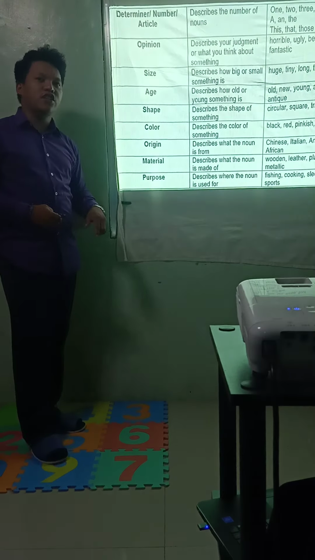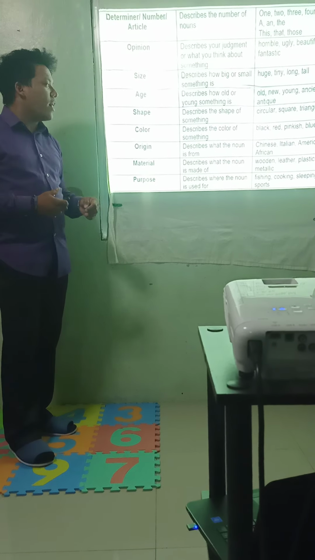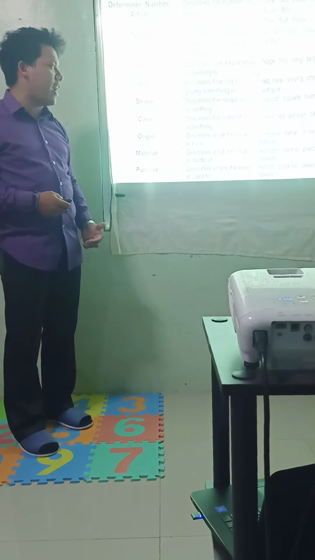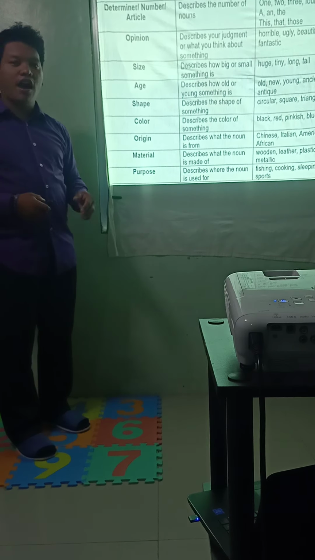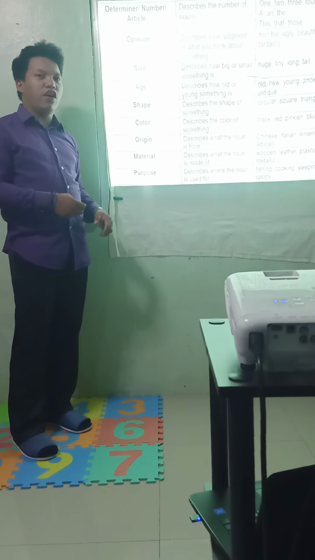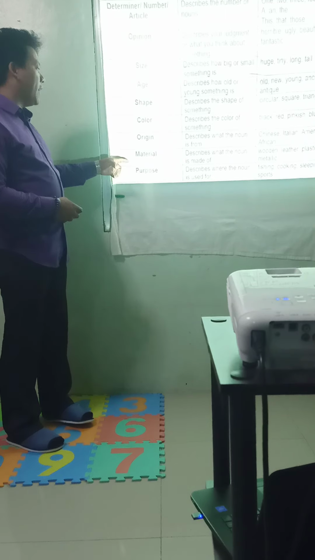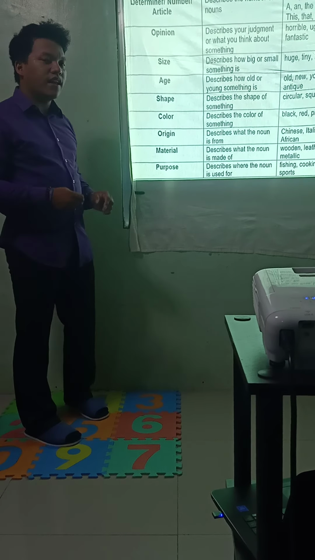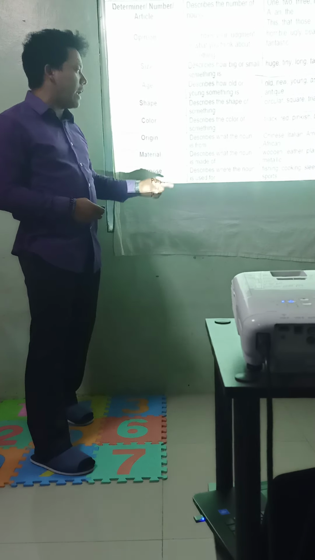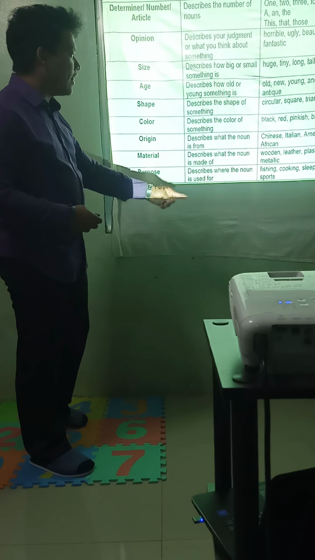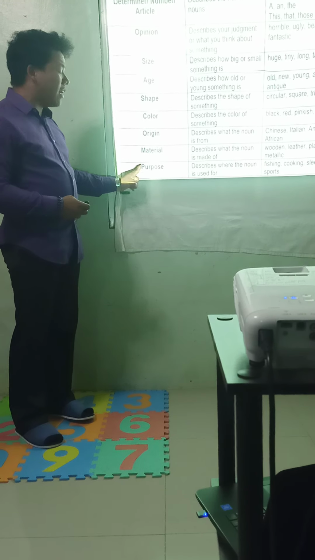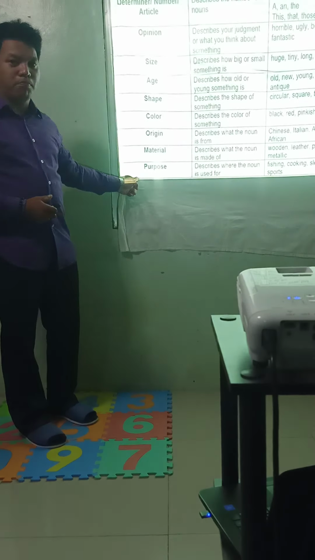What about origin? It describes what the noun is from. Examples, Chinese, Italian, American, African, or we can also include Filipino. Next is material. It describes what the noun is made of. Examples, wooden, leather, plastic, metallic. And last but not the least, the purpose.